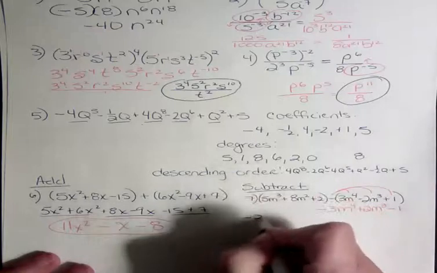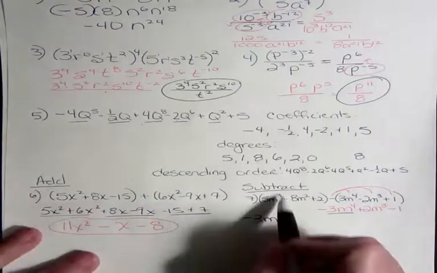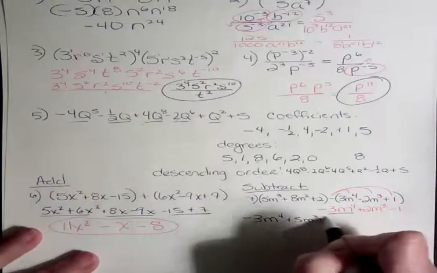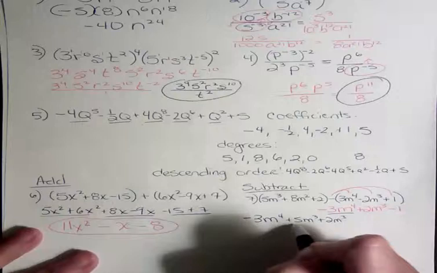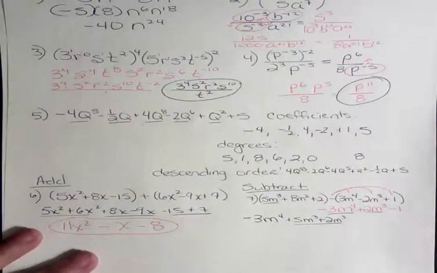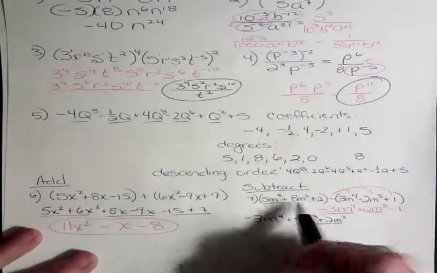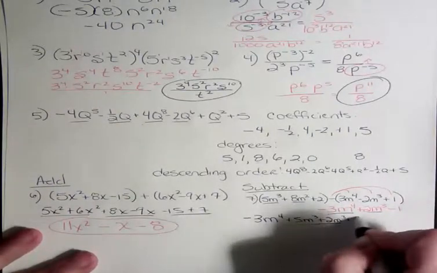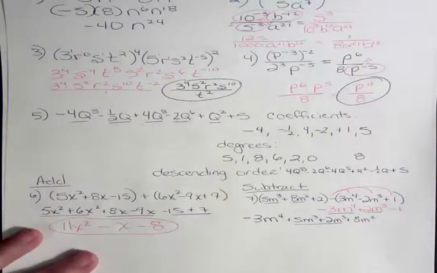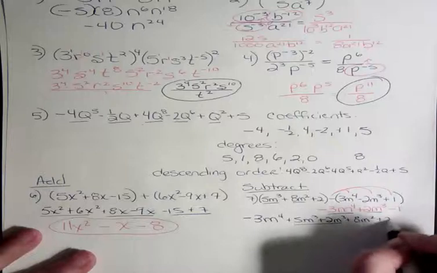-3m to the 4th. Next highest I have is 3rd power, and I have 5m to the 3rd and 2m to the 3rd, and so those two terms are like terms that I can combine. I've already taken care of that and that. The next thing I have is 8m squared. I'm putting a little line under them as I use them so I don't forget anything. And then finally I have a +2 and a -1.